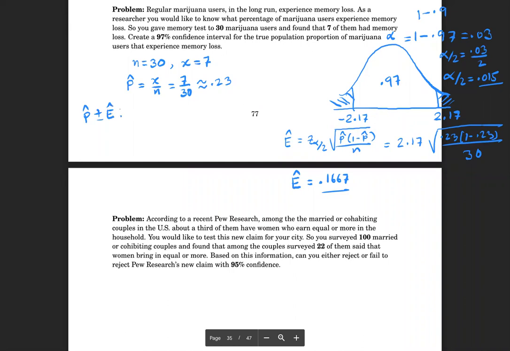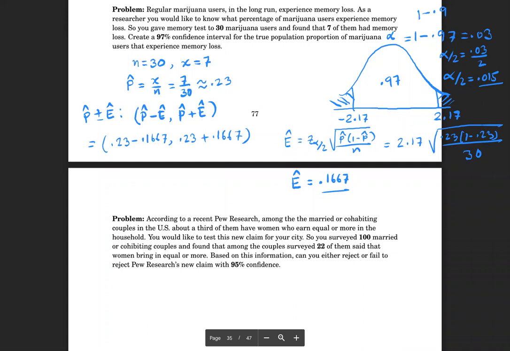Which is p hat minus E hat, comma, p hat plus E hat, which is 0.23 minus 0.1667, comma, 0.23 plus 0.1667.